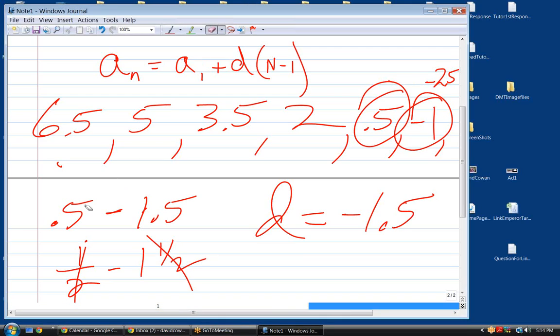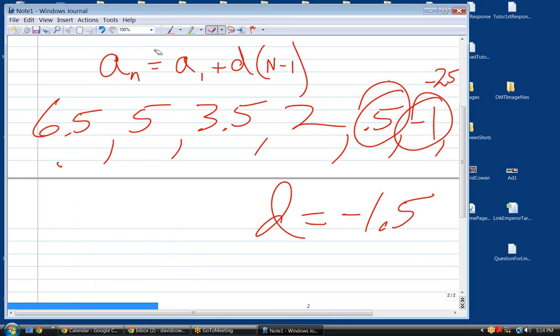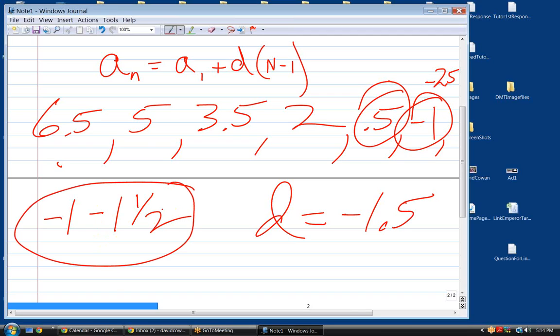And then, let's just make sure you know your algebra here. Negative 1 minus 1.5. That's minus 2.5. In other words, because a negative and a negative is a negative. The way to do that problem is to turn all your subtraction problems into addition problems.